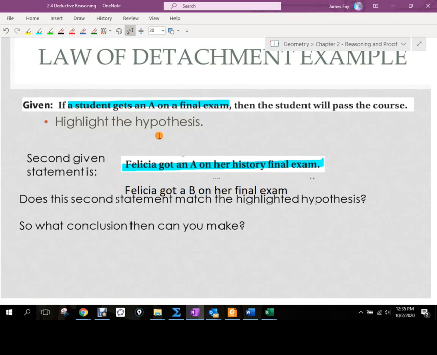No. So we can't say anything. She might have passed. You know, B is pretty good on a final exam, right? But what if she got Fs for 4 9 weeks? That's all going to balance out to fail, right? So there's no specific conclusion we can make. Doesn't mean she failed. Doesn't mean she passed. We don't know. So does that make sense about the law of detachment?